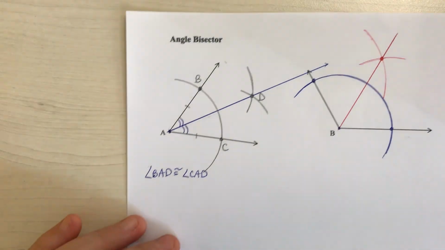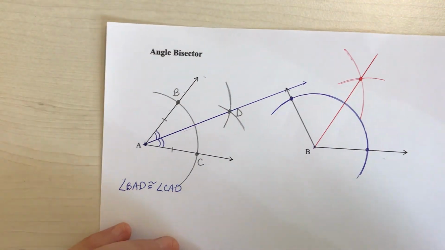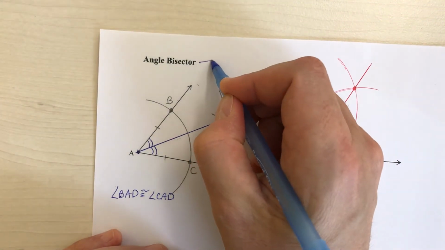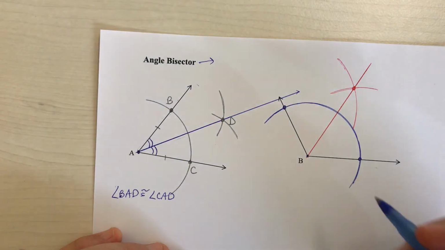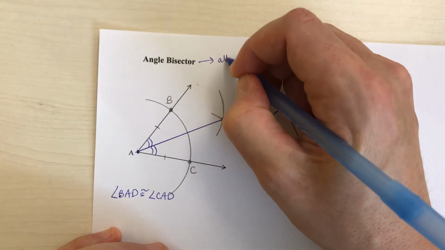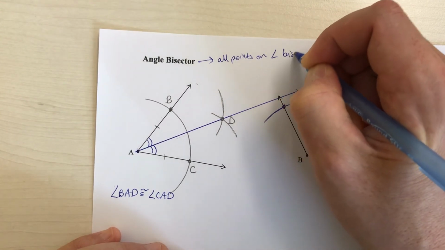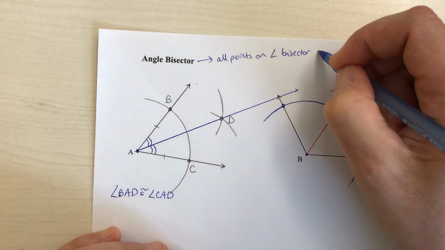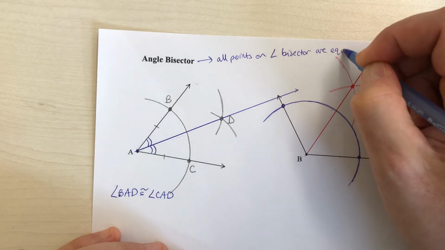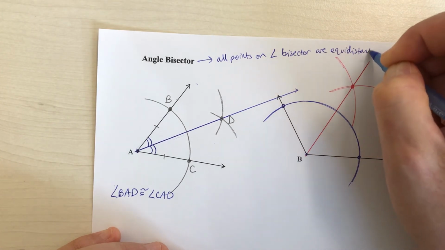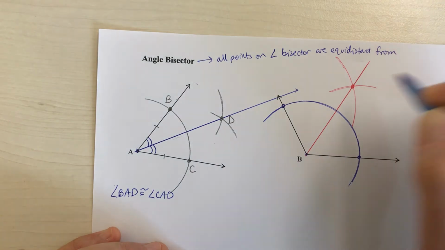I'm going to go back to the angle bisector. Well, just like the perpendicular bisector, with the angle bisector, there's a rule that says all points on an angle bisector are equidistant from the sides of the angle.